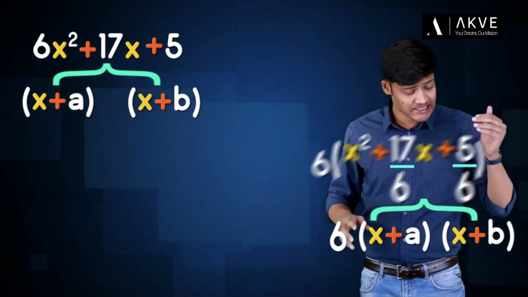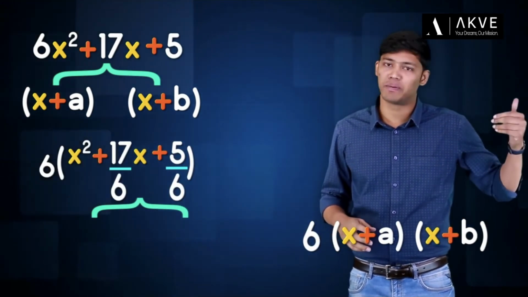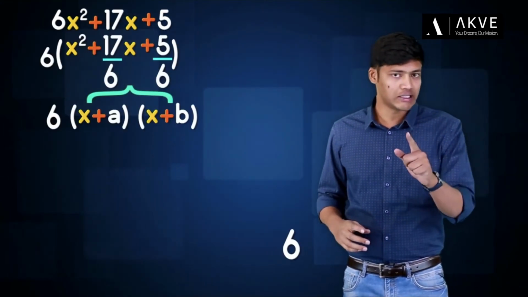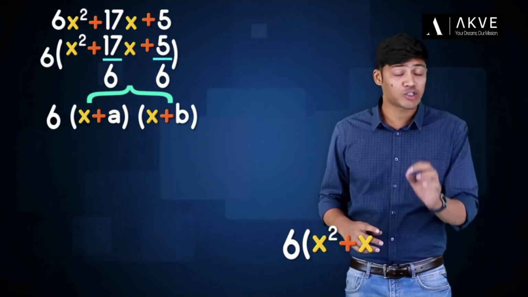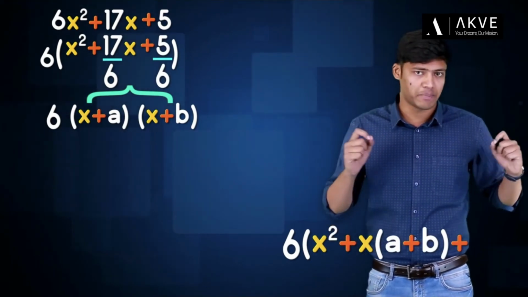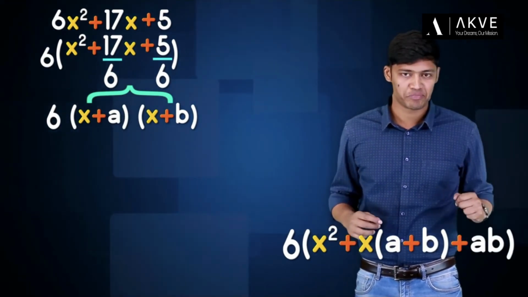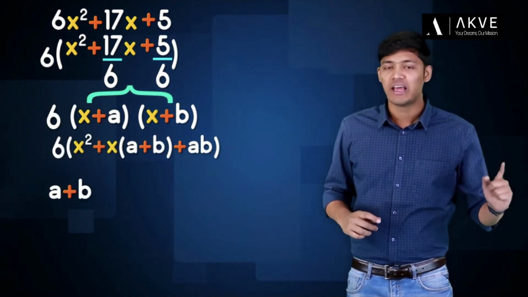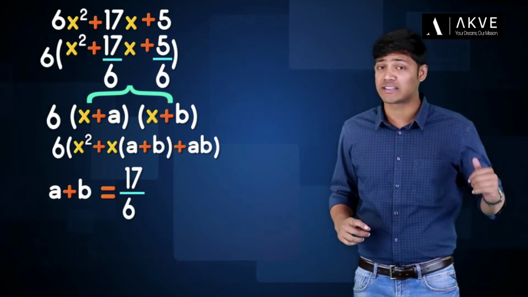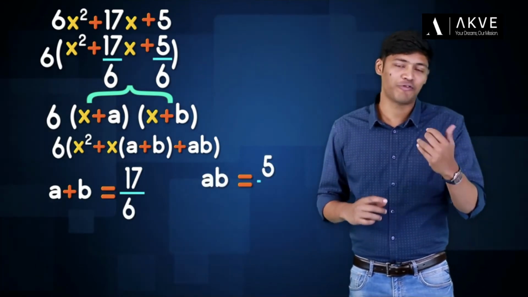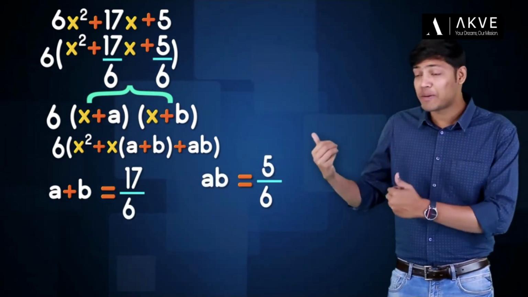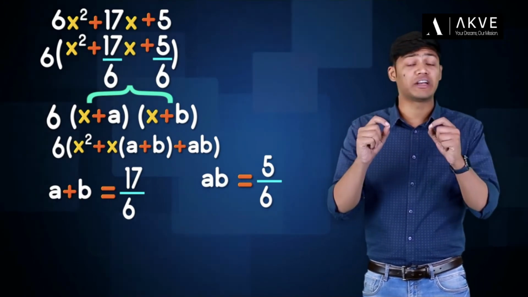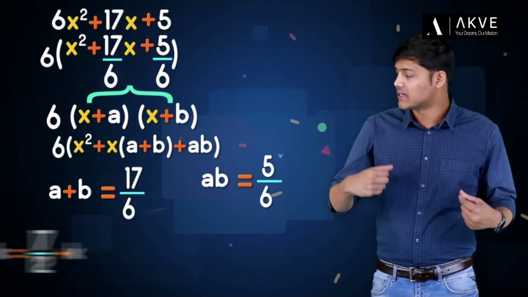We know that 6 multiplied by (x plus a) multiplied by (x plus b) is nothing but 6 multiplied by (x squared plus x multiplied by (a plus b) plus ab). Now by comparison we can say that a plus b is equal to 17 by 6 and ab is equal to 5 by 6.